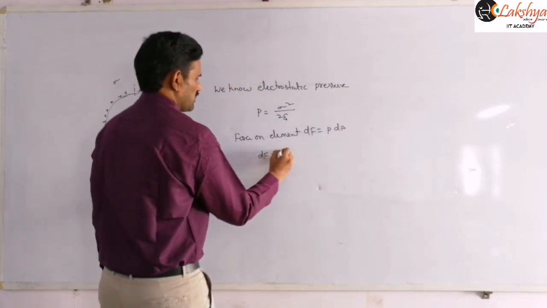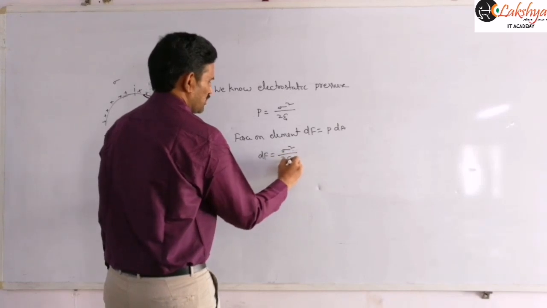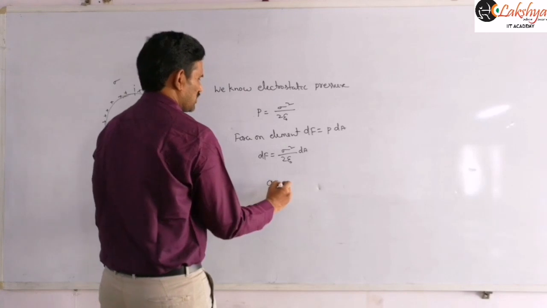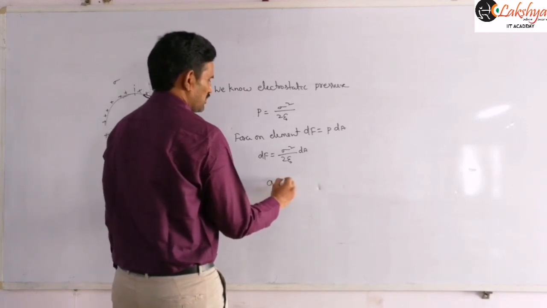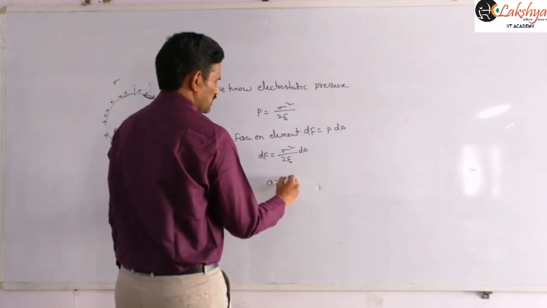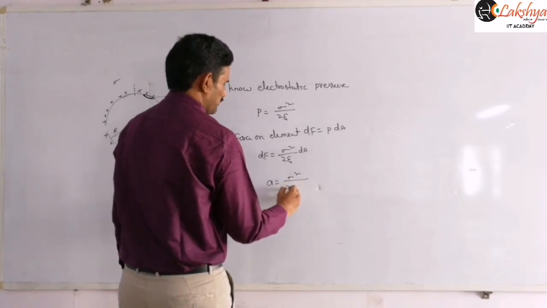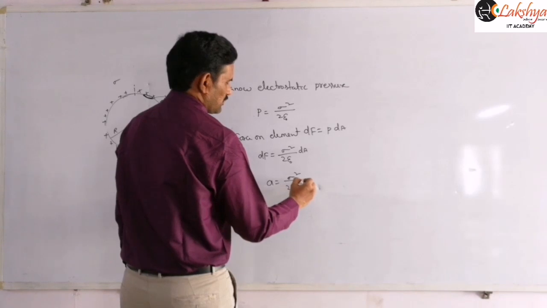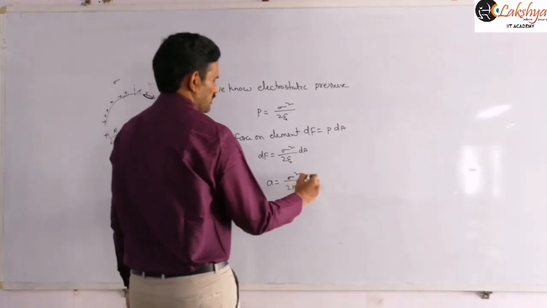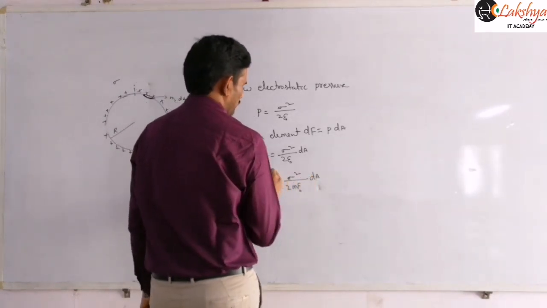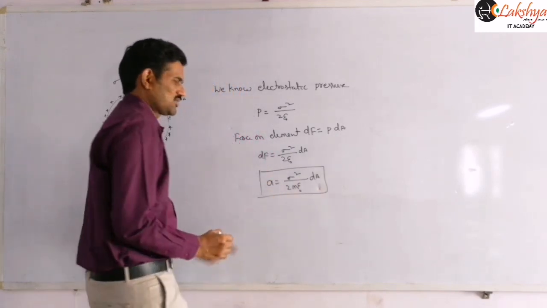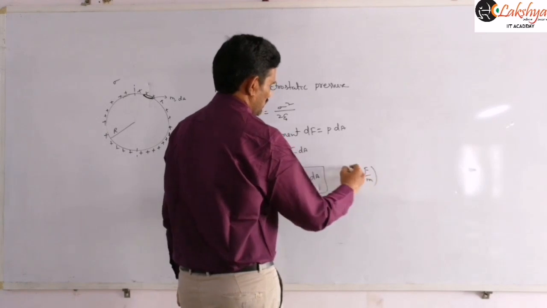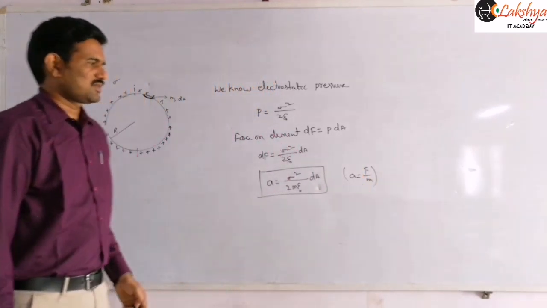Therefore dF is equal to sigma square by 2 epsilon naught into dA. The acceleration is dF by m, so a is equal to sigma square by 2m epsilon naught into dA.